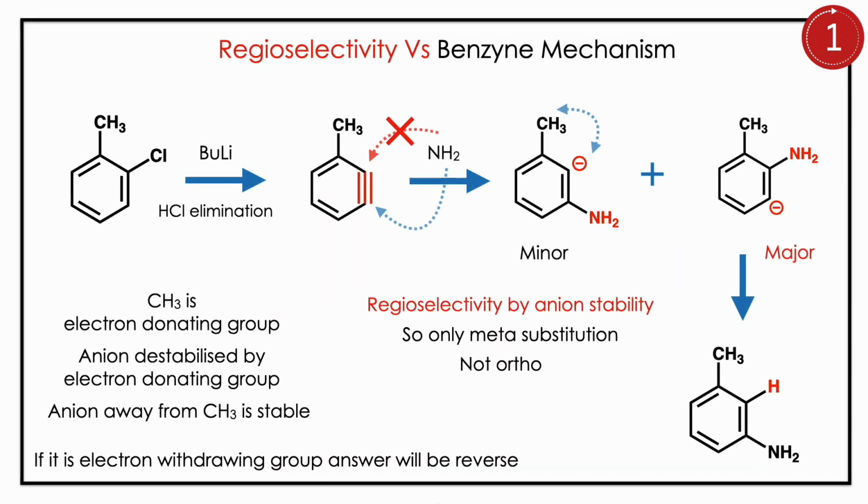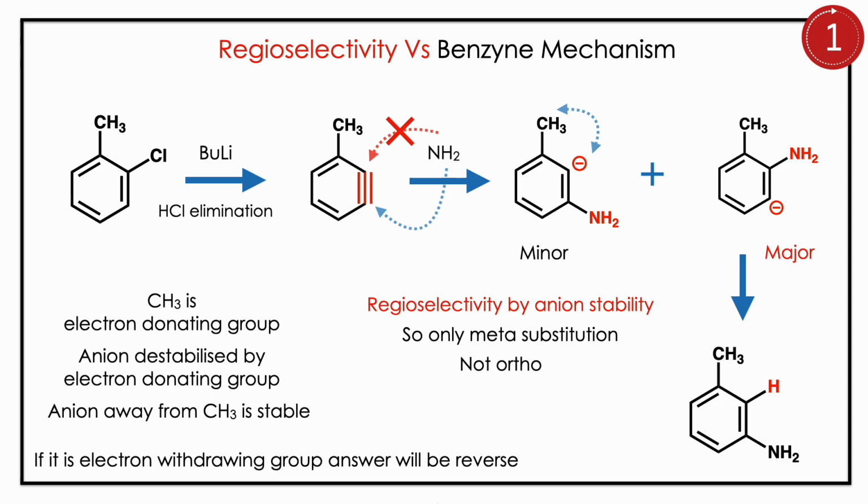Then regioselectivity versus benzyne mechanism. Whenever you have a halobenzene, a benzyne intermediate is possible. But the next step is interesting because the nucleophile can attack the second or third position. The attack leads to anion formation, so there is the possibility of regioselectivity. The anion is the intermediate. It can be stabilized or destabilized.